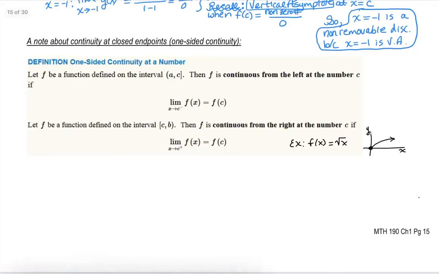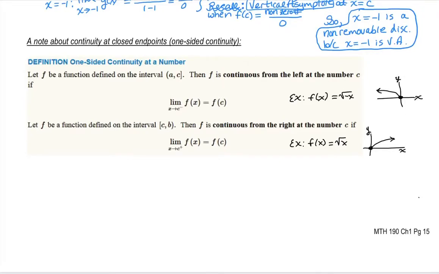The same thing applies if you have a closed right endpoint. Suppose I take a similar function, the square root function reflected over the y-axis.